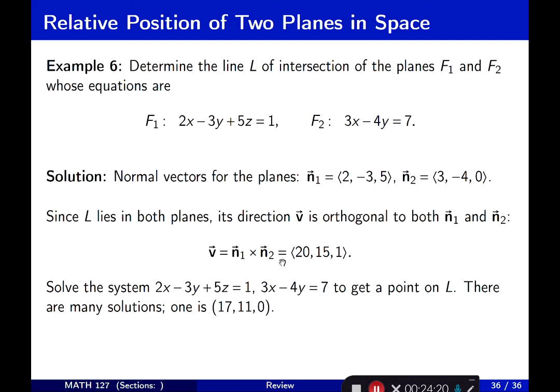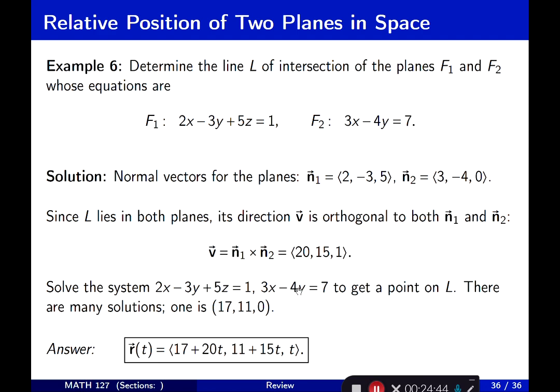And so a lot of times, people recommend setting one variable equal to 0. Here we set z equal to 0, for example, and then we solve the equations to find x and y, and we get 17 and 11 for x and y.